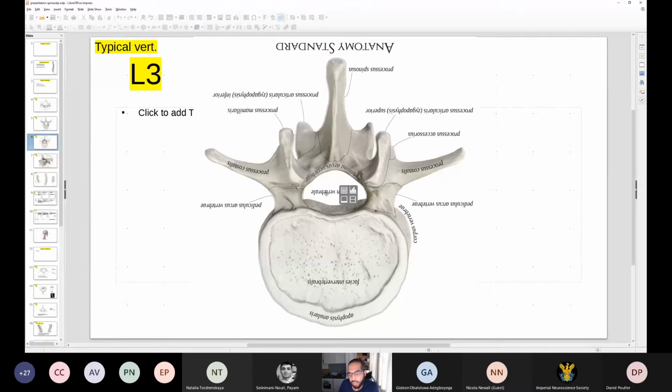You have the cervical dilation, or enlargement, and the lumbar enlargement. So it's kind of where all of the nerves of your upper limbs and lower limbs come out. So that's where you have these enlargements. So it's normal for the foramen here to be a little bit larger compared to the thoracic foramen, and that's because they need to accommodate the cervical, and in this case here, the lumbar enlargement.